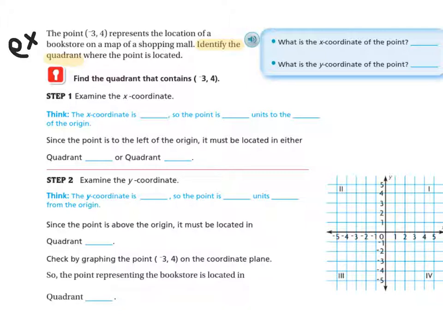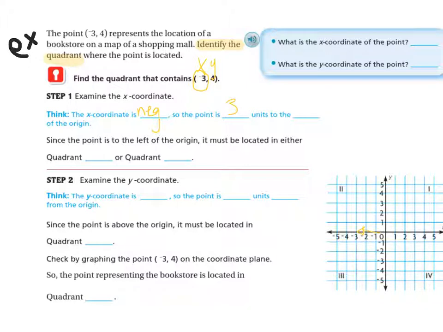So the first step when we're finding the quadrant is we want to look at the x-coordinate. Now remember, x is first, y is second. So our x-coordinate is -3. So we're thinking the x-coordinate is negative. So the point is 3 units to which direction of the origin? Negative would go this way.